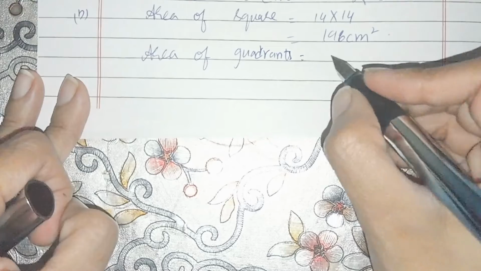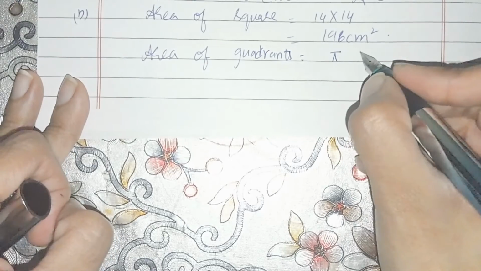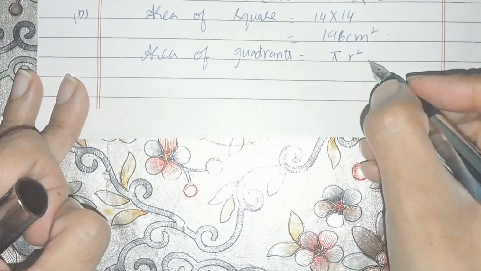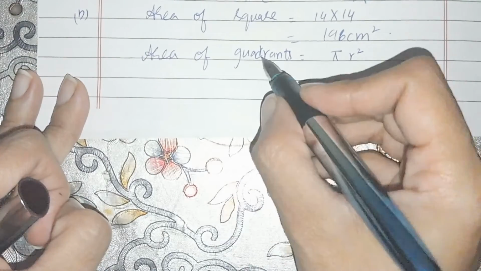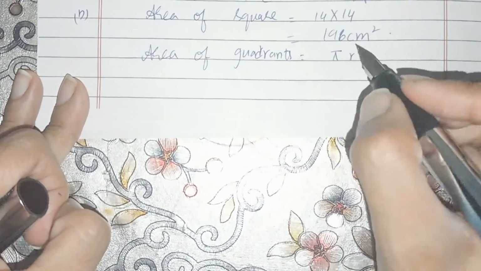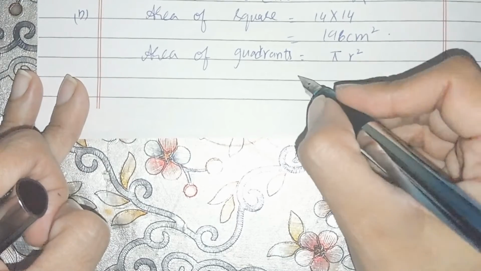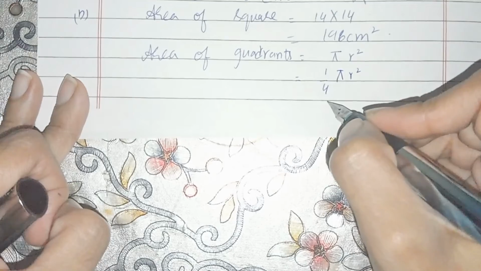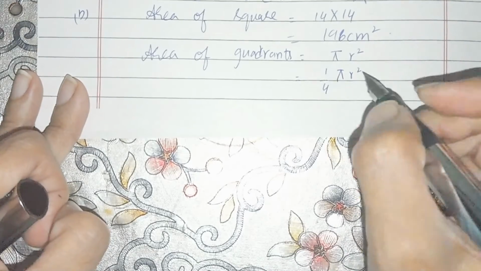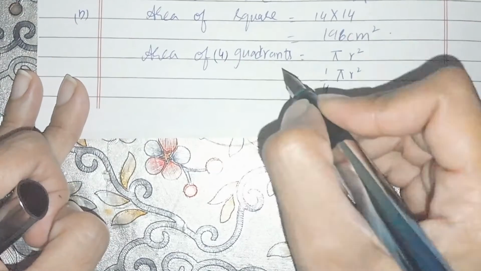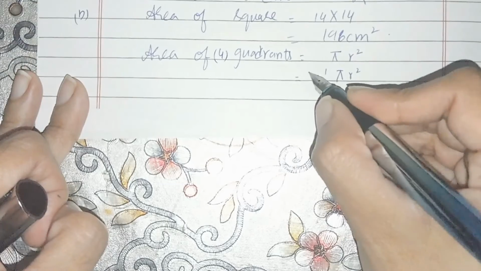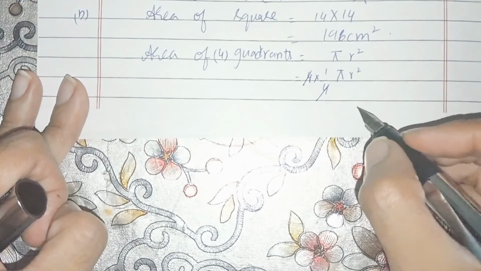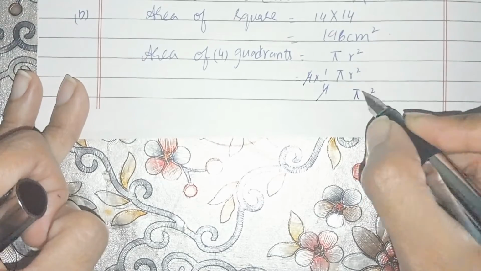We know that the area of a circle formula is pi r square. We have to find the area of a quadrant. It means the fourth part of it, that's why we divide it by 1 by 4. And we have to find the area of 4 quadrants, that's why we multiply it by 4, and 4 cut 4 and we get pi r square.